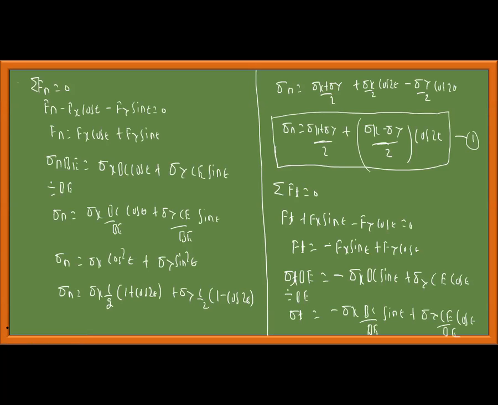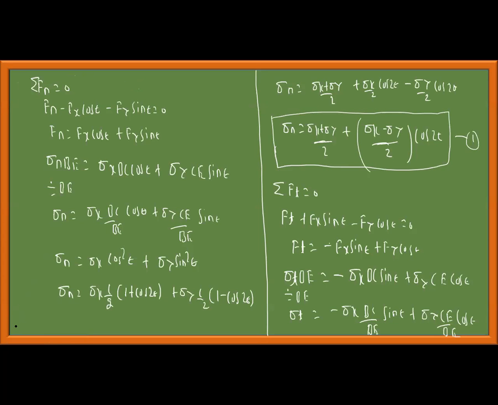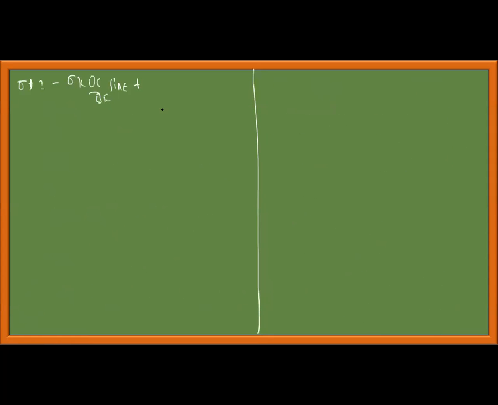Or I can write it here. Sigma_t is equal to minus sigma_x bc by b sin theta plus sigma_y ce by b cos theta.